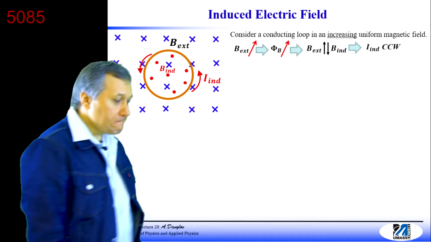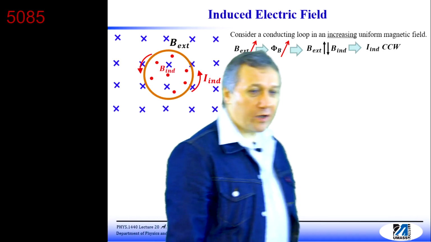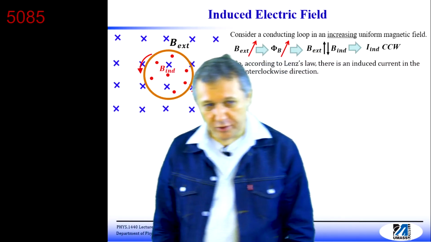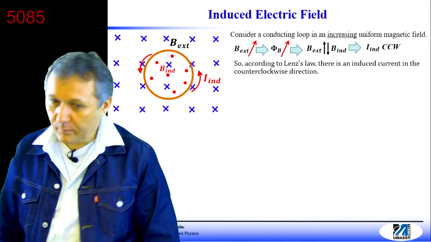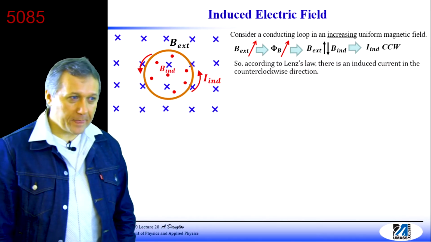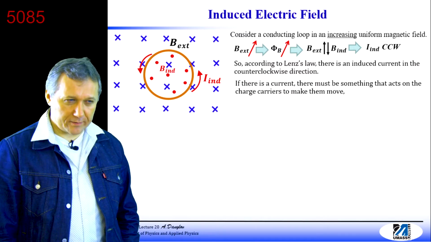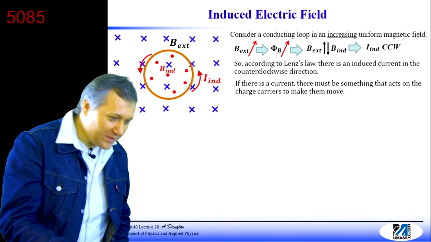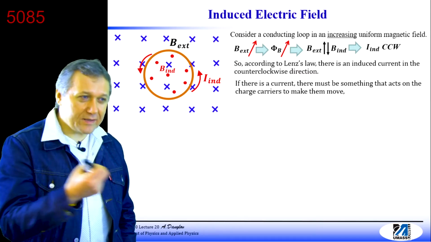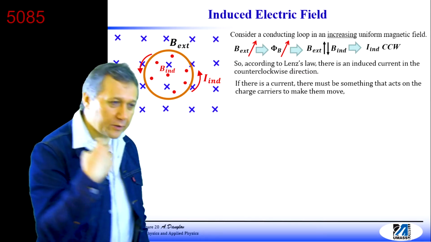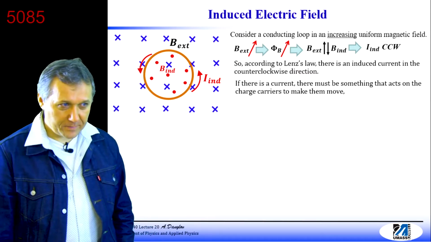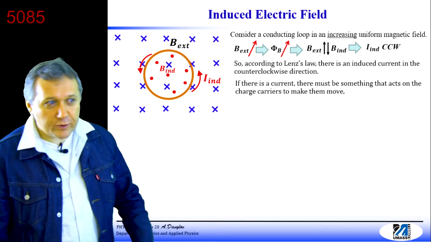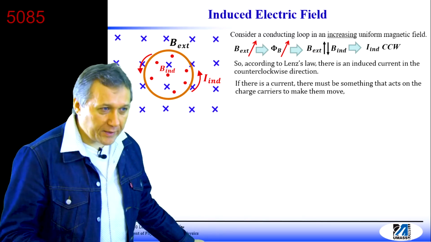So that's the initial point. And now we need to make 2 additional steps. First question: if there is a current, there must be something which creates this current. Current is usually a consequence of something. What is that? Usually the immediate response of the students is: because of the potential difference.